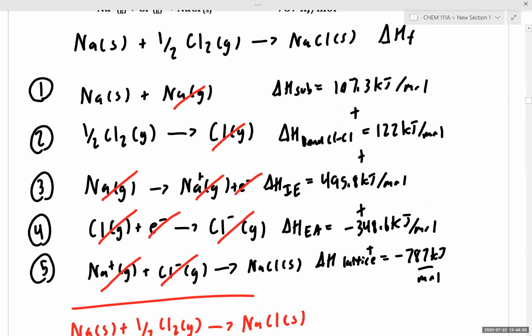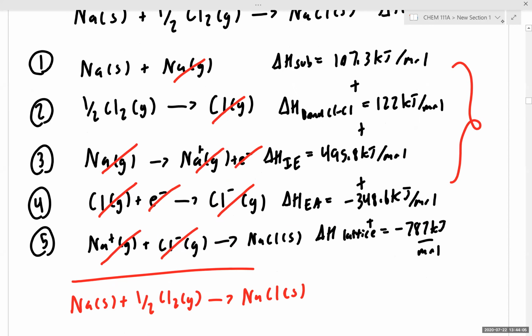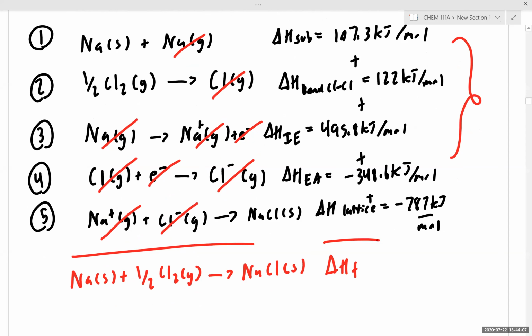And now all we have to do is take each of our enthalpies and add them together, and that gives us an enthalpy of formation.